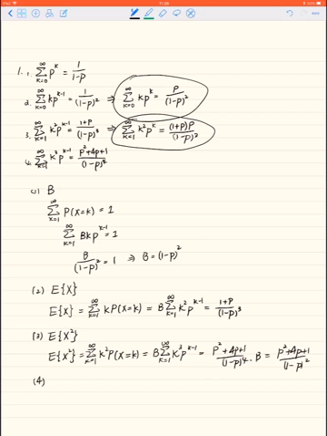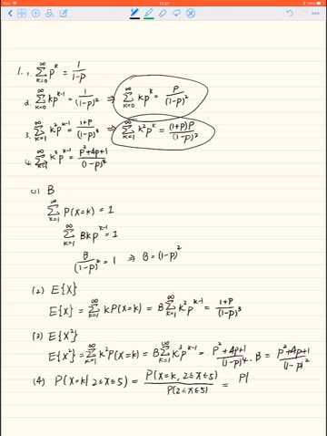The last question: the probability that X equals k when X is ranging from 2 to 5. In order to solve this question, we just have to use the conditional probability, and that should equal the probability that X equals k and X is between 2 and 5, divided by the probability that X is ranging from 2 to 5.